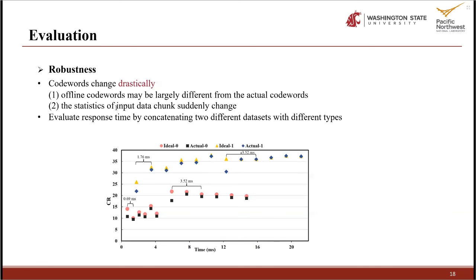And the second one is during the compression, when the statistics of the input data chunk suddenly change. To evaluate the response, we concatenate 2 different datasets of different types. As shown in the figure, our response time is within 3.5 milliseconds.